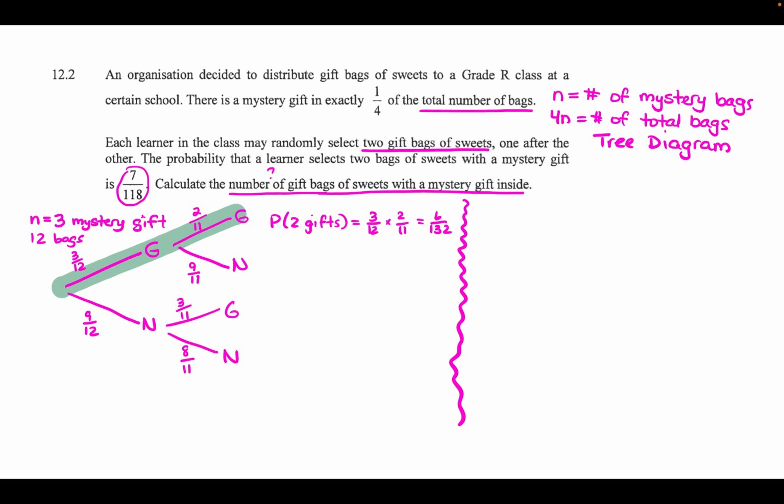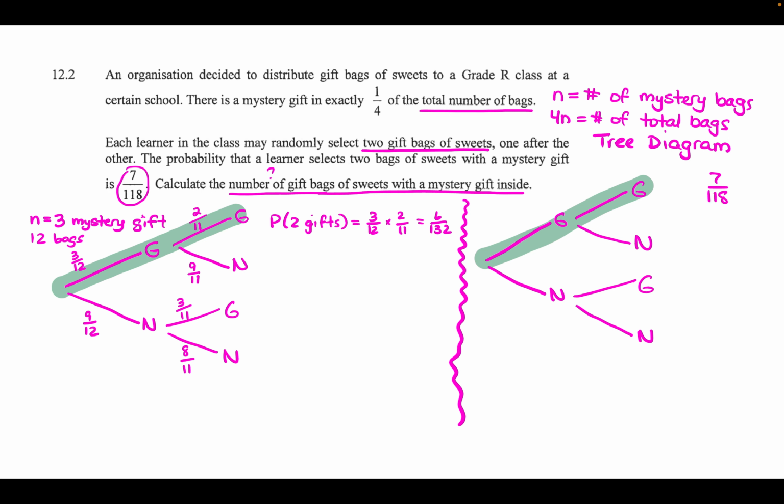So instead, let's make a new tree where we have n as our number of mystery bags, but it's exactly the same tree. And we will just concern ourselves with the branch of interest, which is this top branch, because we know the probabilities will multiply to 7 over 118 because that was given in the problem.